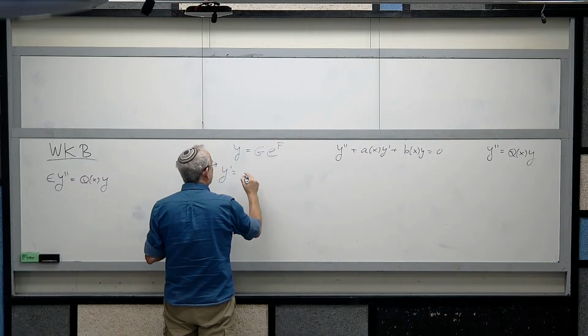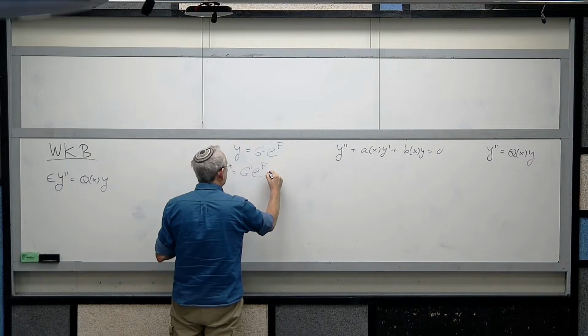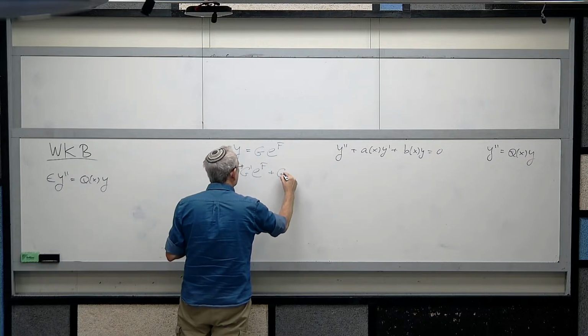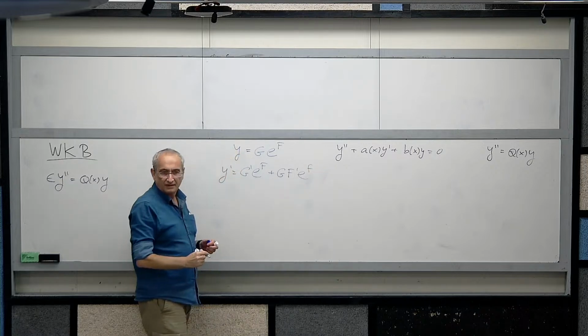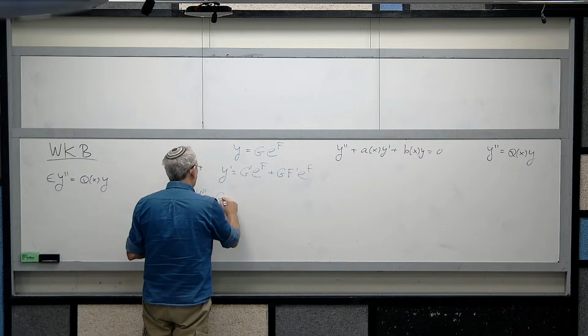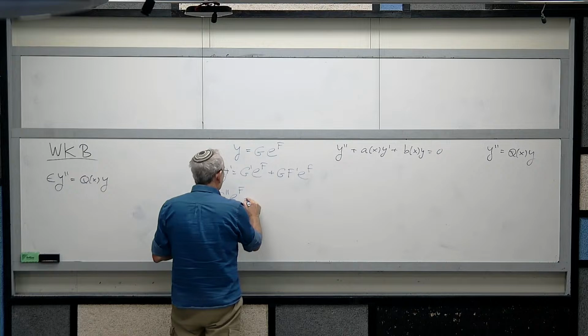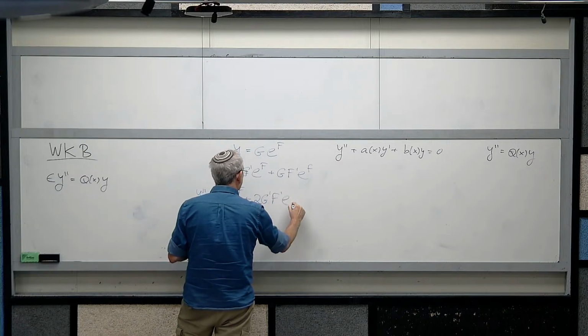So y prime is g prime e to the f plus g f prime e to the f, and y double prime will be g double prime e to the f plus 2g prime f prime e to the f.